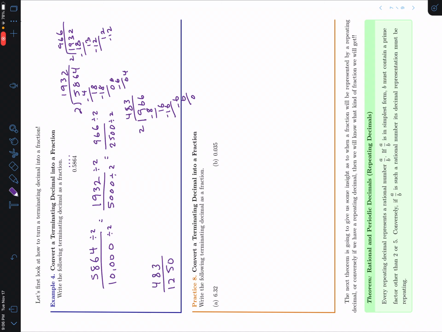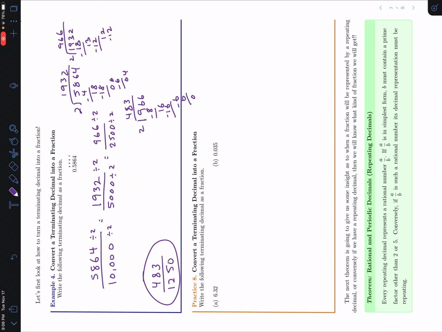So in this case, they're not even. So we can't go any further. And I think at this point, we're actually done. Because the bottom one can only be divided by even numbers or 5, and the top number being odd, it looks like we've actually run out of stuff. So it looks like 0.5864 as a decimal is the same thing as 483 over 1250.